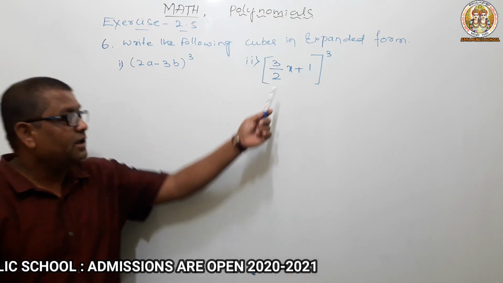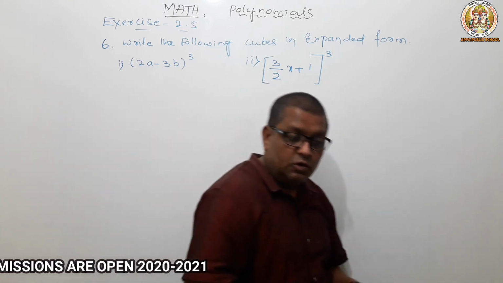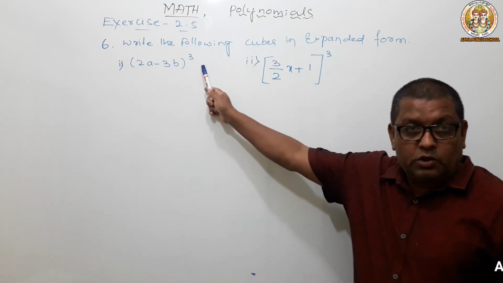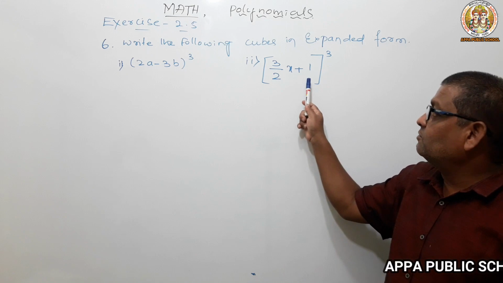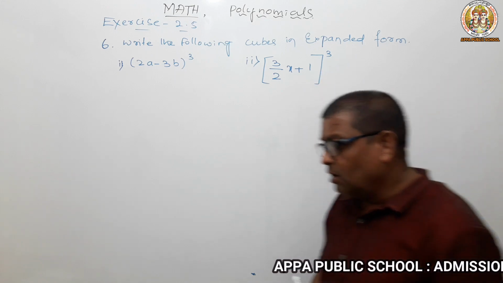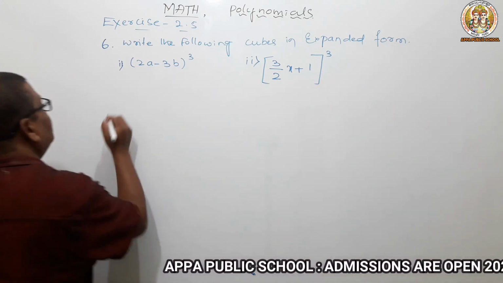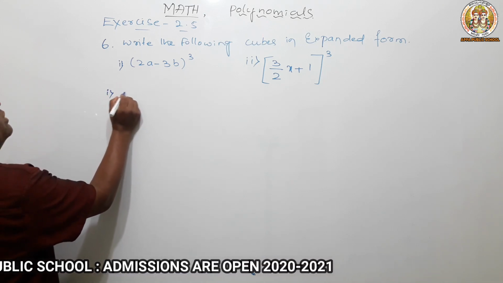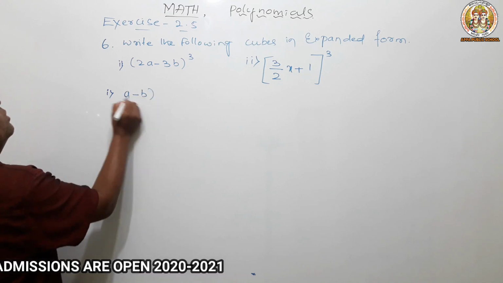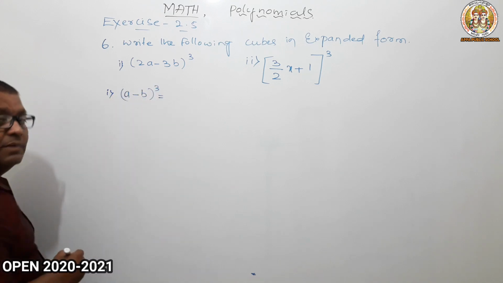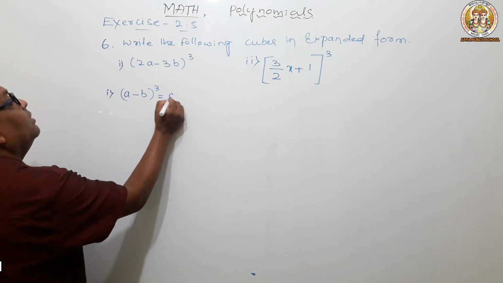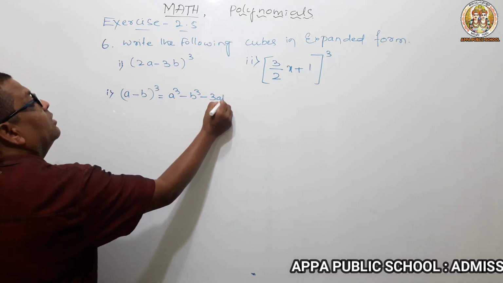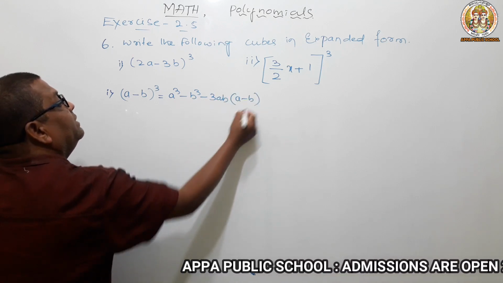So I took two different types of cubic expansion. One is (a minus b) whole cube and another one is (a plus b) whole cube. We already know the formula. For the first one, we know that (a minus b) whole cube is a cube minus b cube minus 3ab of (a minus b).